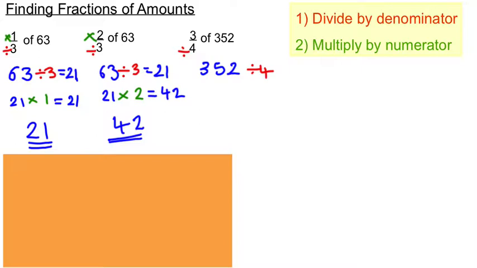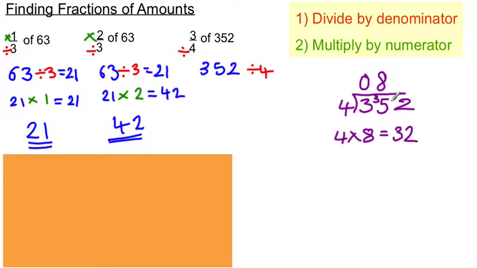Now, 352 divided by 4. What I would do is I would use short division. So I'm just going to draw a little bus stop over here. We want to do 352 divided by the number 4. So 4 goes into 3 0 times with a remainder of 3. 4 goes into 35 8 times, because 4 times 8 is 32.